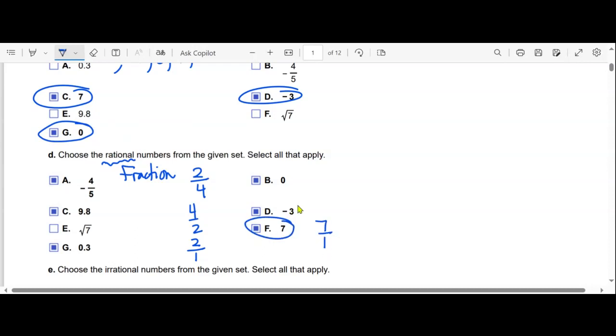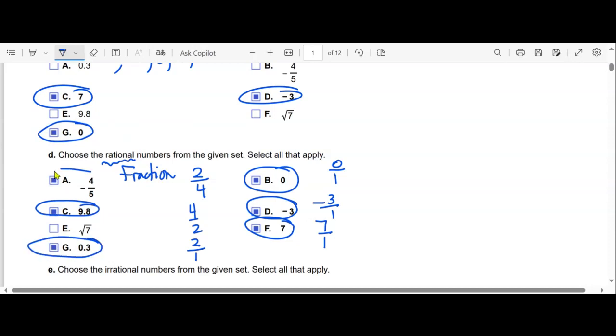And this one, I can write it as negative 3 over 1. 0 also, 0 over 1. What else do we have? 9.8, a decimal. This one, negative 4 over 5. All of these, right? Because 9.8, I can write it as 98 over what? 100. And 3 can be written like 3 over 10.